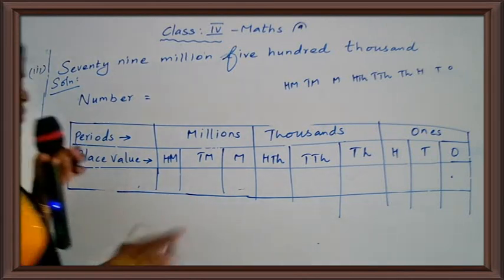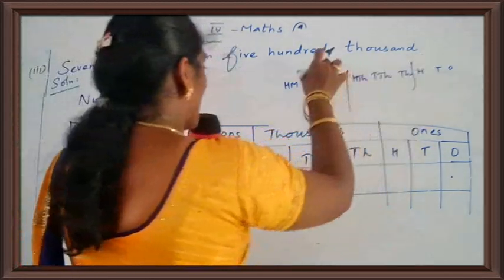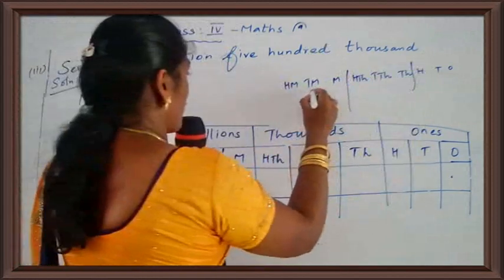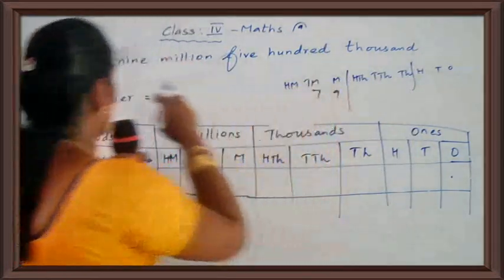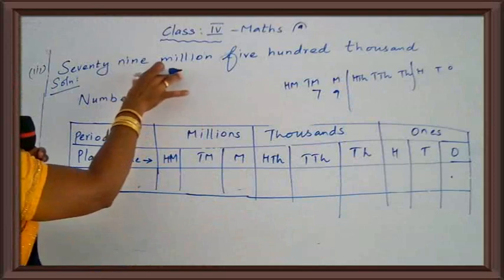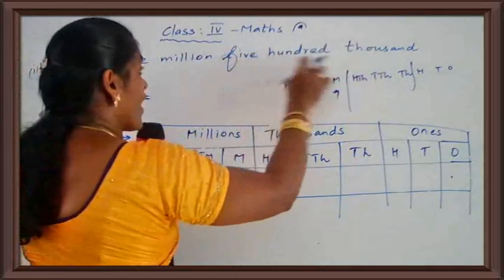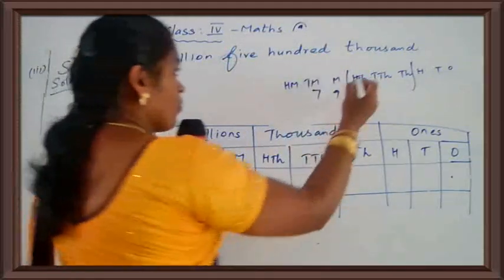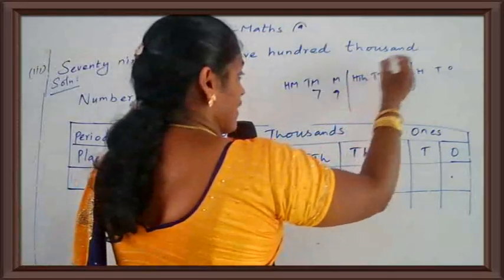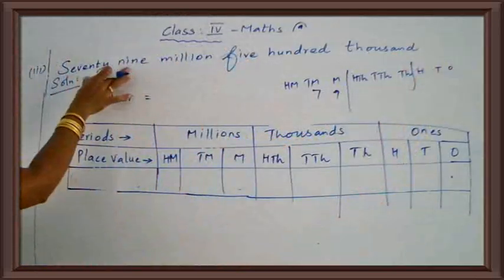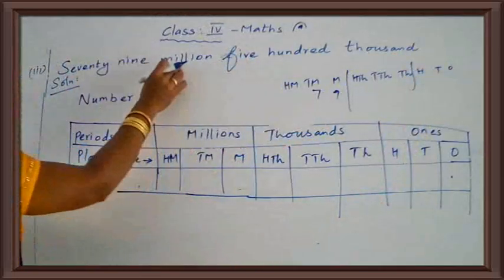So in millions period, how much? 79. Next you come to the thousands area. Thousands period, how much? 500. So this is ones period, this is thousands period, this is million period.